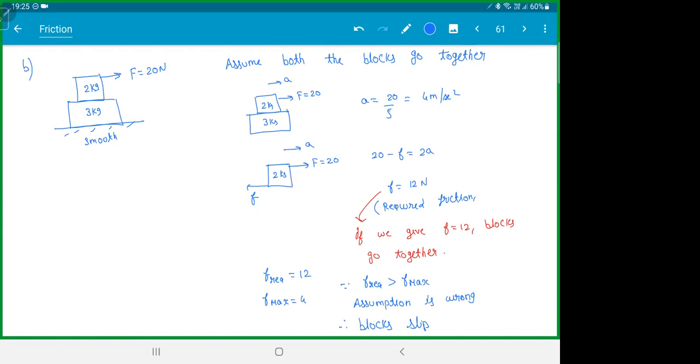Please check how we did this. Yes, right, Venkatesh. So in the second case, friction is maximum. Is everyone clear with the 2 blocks, how to handle this? Please check, ask me if you're confused.